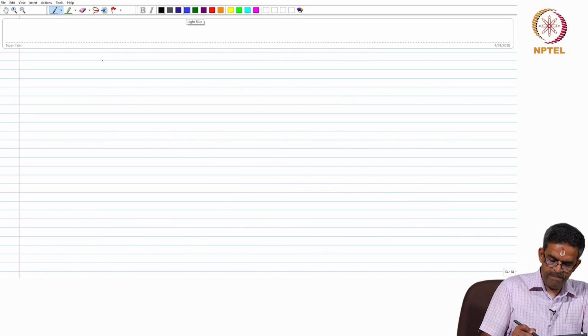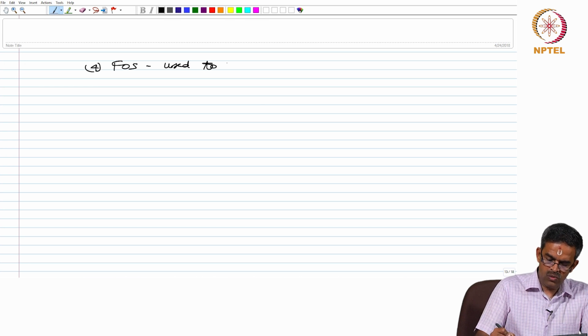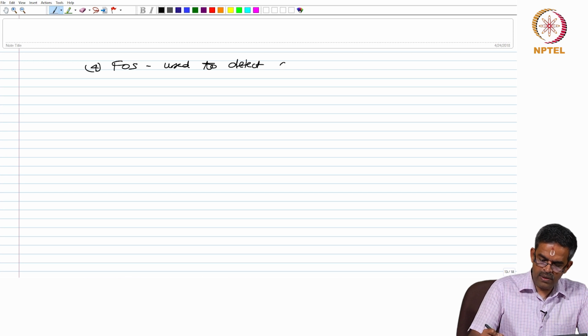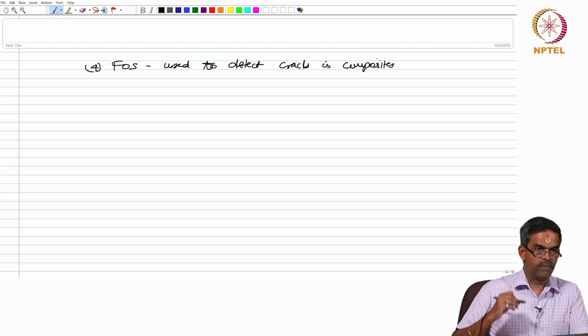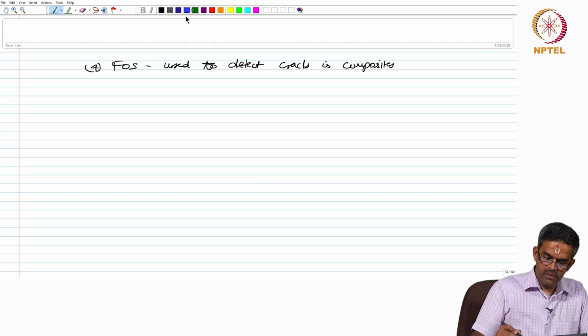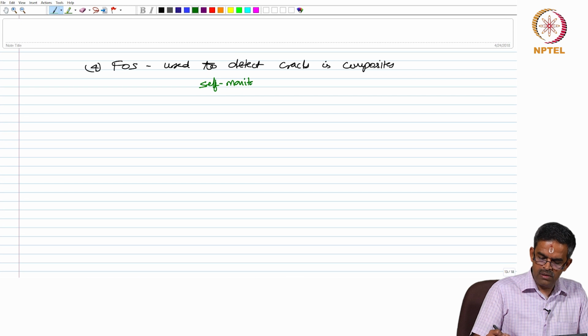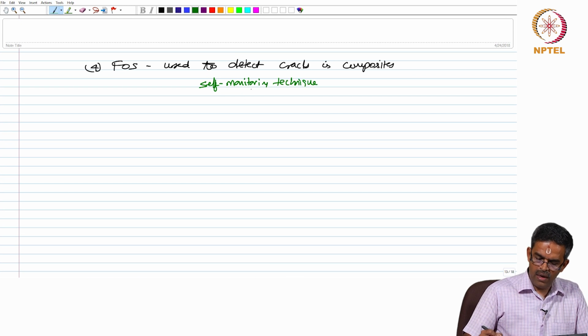Alternatively, there are fiber optic sensors which are also used to detect cracks in composites. They are otherwise called self monitoring technique, additional reading can be seen from the reference.